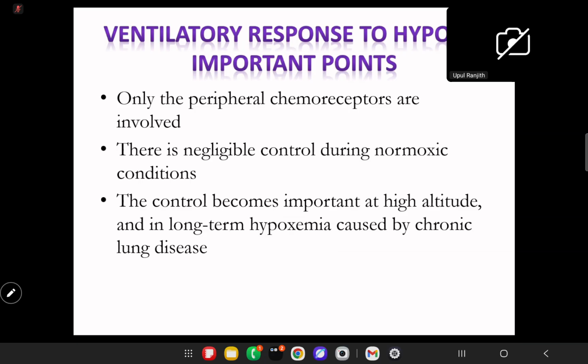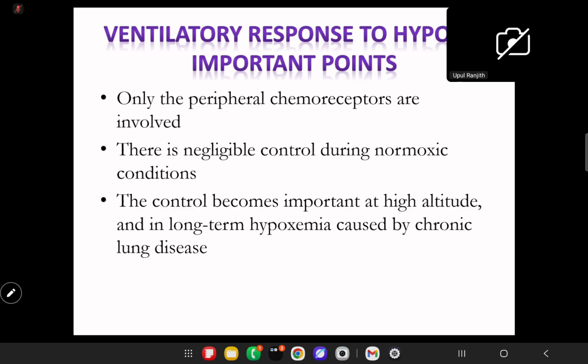The control becomes important at high altitude and in long-term hypoxemia caused by chronic lung disease, right? So this hypoxic drive, when you go to high altitudes, will become important because you are hypoxic.